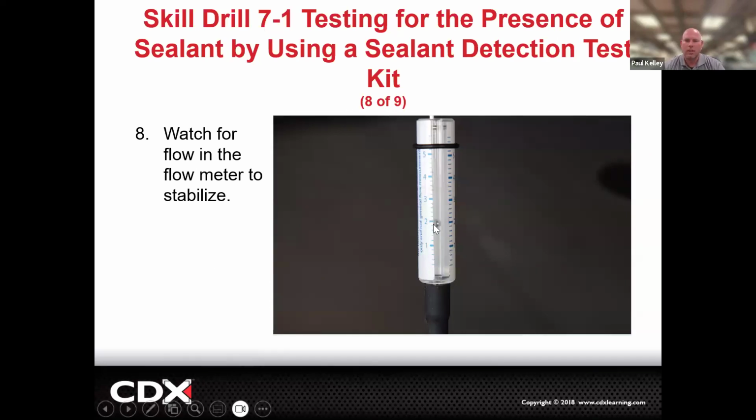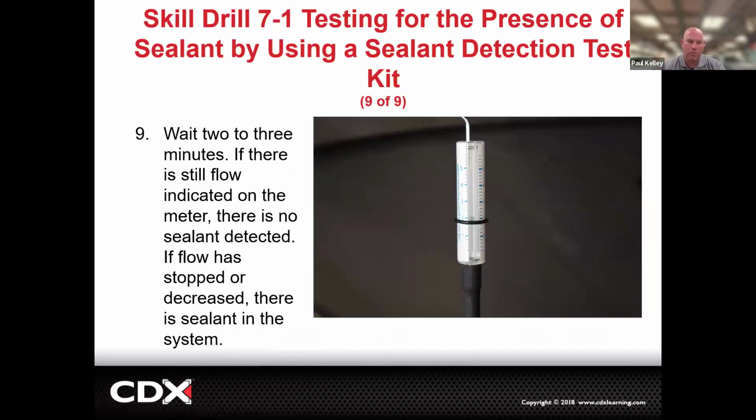So right there, if you were to leave it right there, that means that it's flowing. And if it's flowing, that's a good sign, right? And if it keeps flowing for 2 to 3 minutes, it's probably because there's no sealer. But if it starts off flowing kind of strong and then the flow stops, it's because the sealer sealed it up.